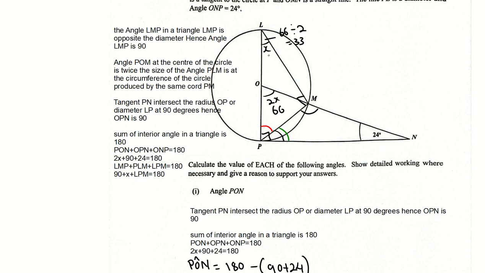So the red angle, we know this is 33, this is 90, and this angle here would be 180 minus 33 plus 90. 33 plus 90 is 123. 180 minus 123. So this is 57 degrees, right? Green angle here is going to be 90 because remember the green and the red do make up 90 degrees. So that's 90 minus 57. 90 minus 57 is 33.